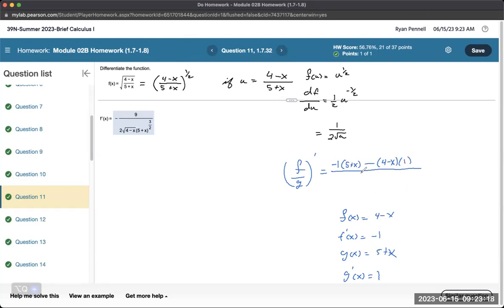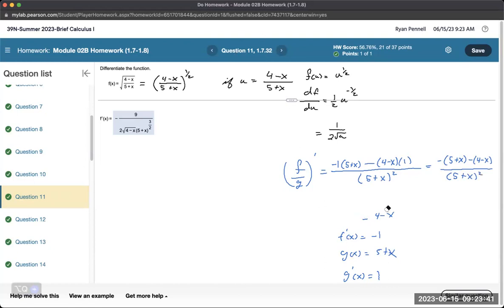And then over the original g squared, 5 plus x squared. All right, and let's clean this up a little bit. Minus 5 plus x minus 4 minus x over 5 plus x squared.